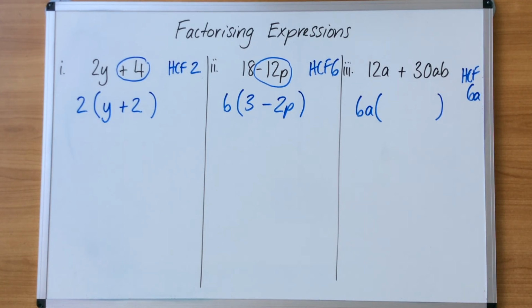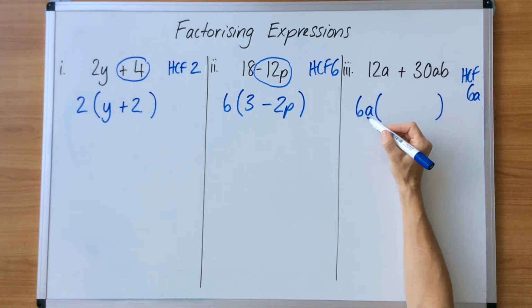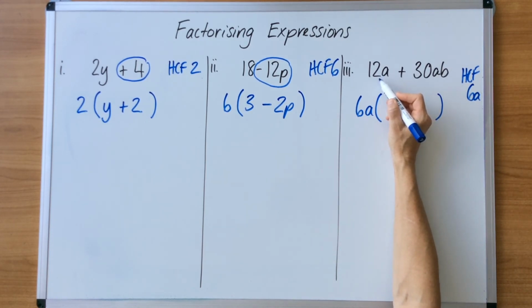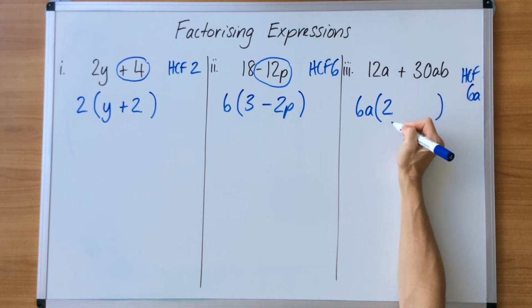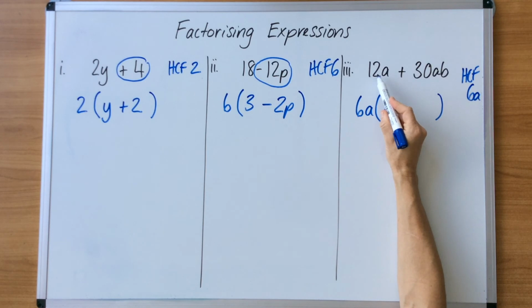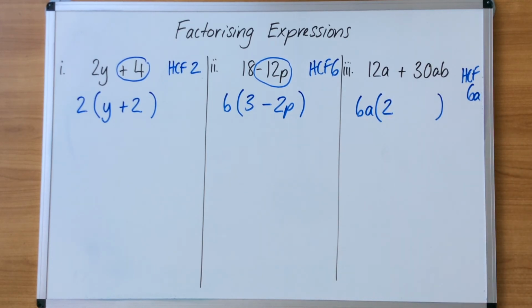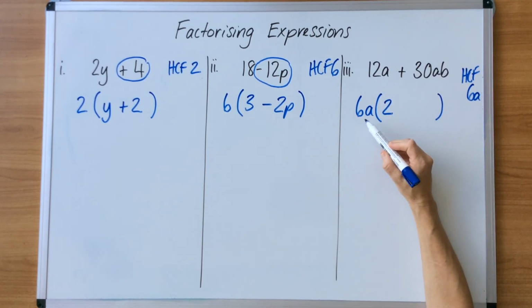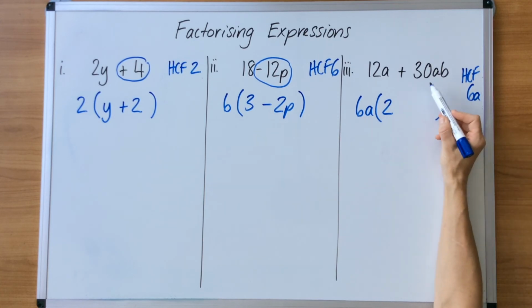Now we proceed as we normally would do. What do I have to do to 6a to get to 12a? I have to multiply it by 2. So 6a multiplied by 2 gives me an answer of 12a. And the last one here is, what do I have to do to 6a to get to 30ab?